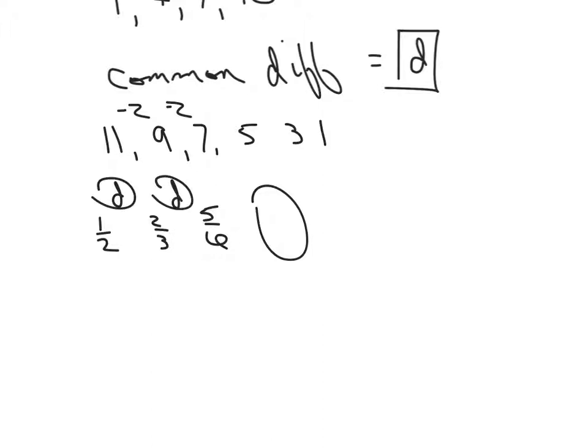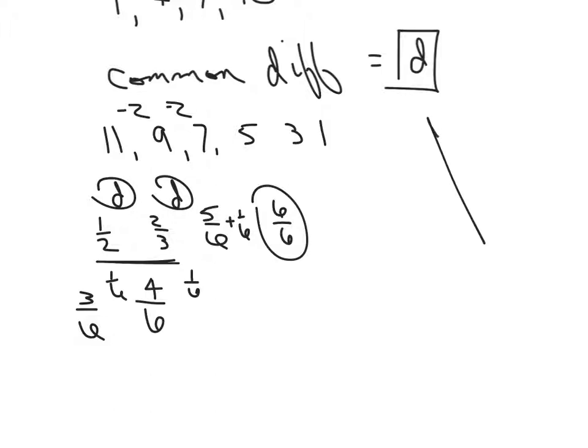The difference here and the difference here will be constant. So what I would do here is make this into 3/6 and this into 4/6. So therefore I know that the difference is 1/6. So there's 1/6 here, and then I add 1/6 here. So 6/6, or 1, would be the next number, and then I'd add another 1/6 to find the next number, and another 1/6, etc. So that D is very important.